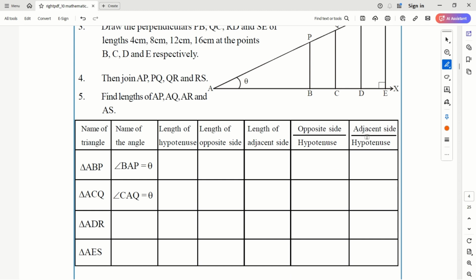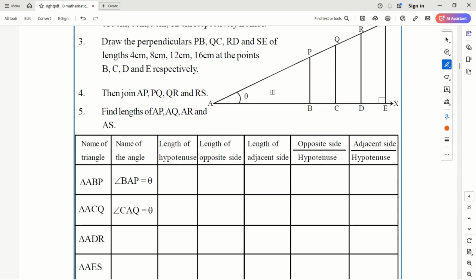Opposite by hypotenuse, adjacent by hypotenuse is constant for any right angle triangle where one of the angles is fixed. This angle A is always theta, always the same, whatever this angle is. So PB by AB, this ratio will be fixed, or PB by AP, this ratio is fixed.